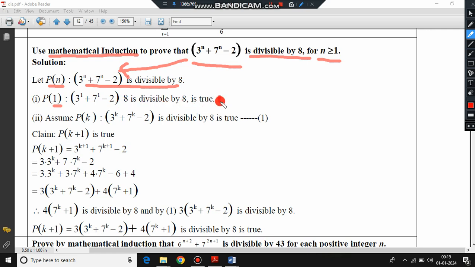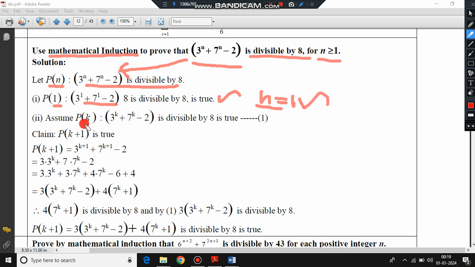So this is true when n is equal to 1. That is the first step. If any equation is given to us, you substitute n equal to 1, and the equation should be satisfied. So here this term is divisible by 8 when n equals 1. So for n equal to 1, it is proved.